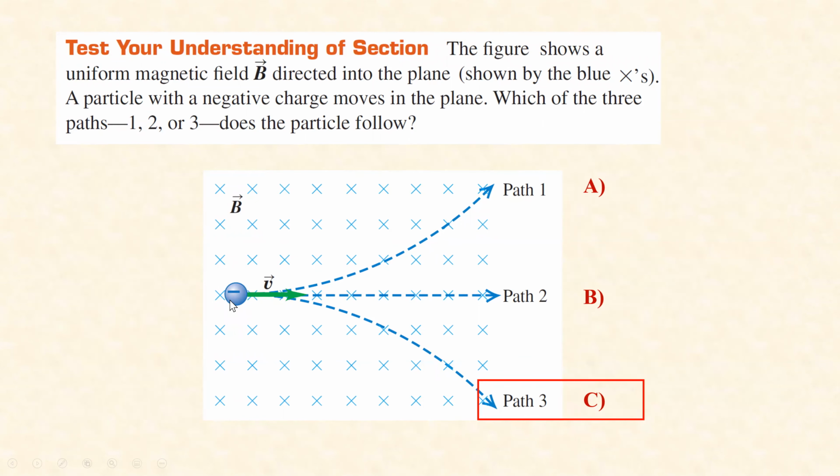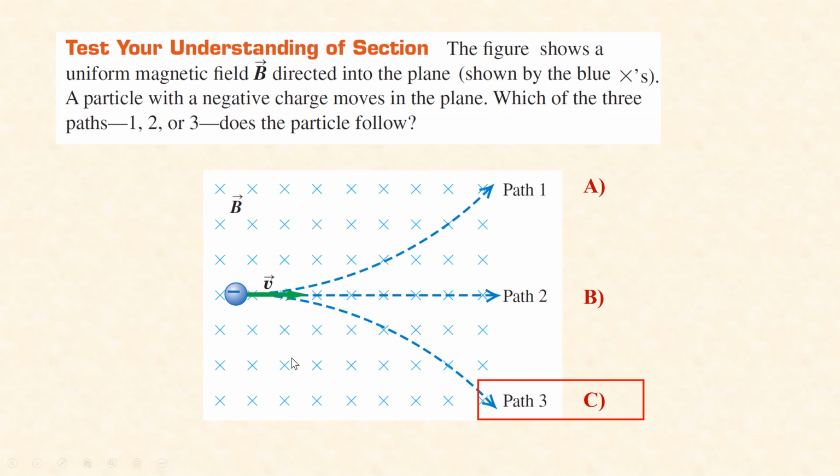And then we want to see which direction this negative charge particle is deflected, which means which direction is the force on it. So you see that if you do V cross B, V is to the right. If you turn your 4 fingers from the right into the page, your thumb shows up, but the particle is negative. So therefore, the force on that particle is down, and therefore it turns downward.